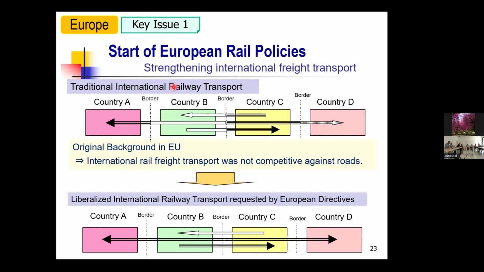In former days, in each country, the state-owned railway controlled all the trains within the country, as shown in the above figure.